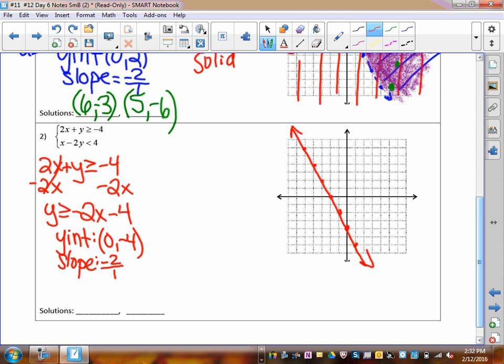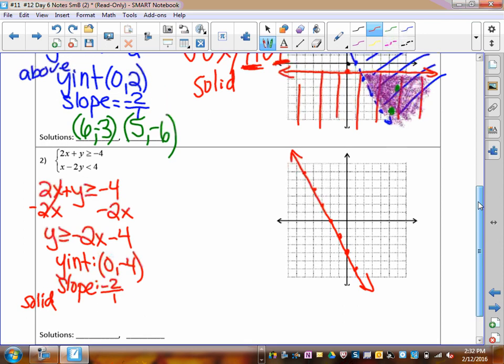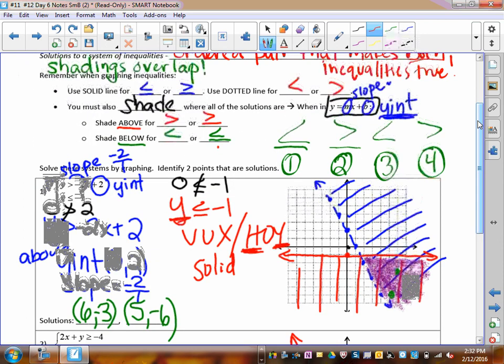So Abby, based on my inequality here, is this shade above or below? Let's take a look at our notes. This is a greater than or equal to. Look above on your paper. Where do you see that? Is that going to be a shade above or a shade below?